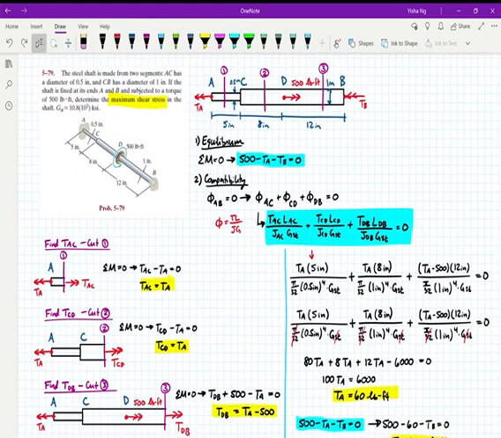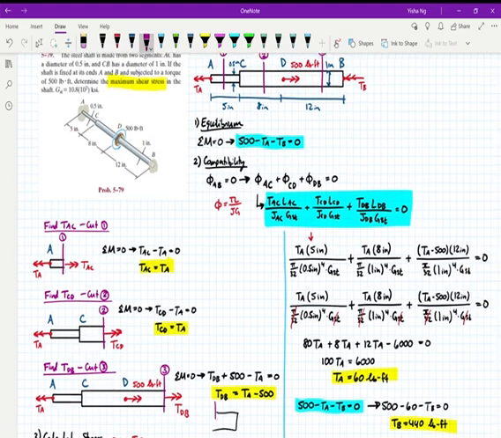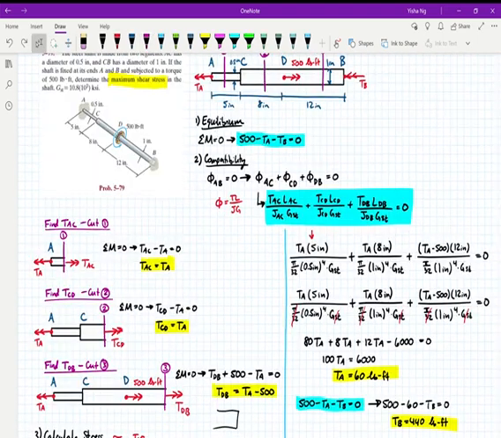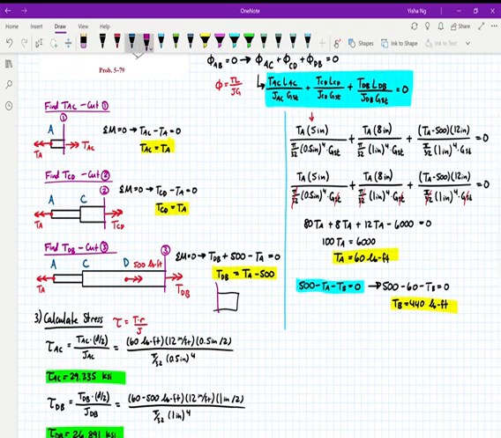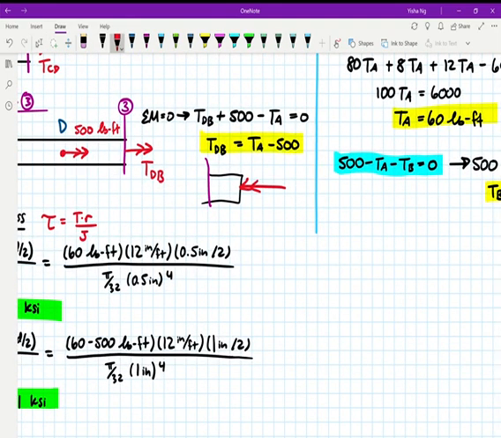Then our cut 3 here gives me TDB is equal to TA minus 500. If you want to throw away the left side of the cut instead of the right side, you can also do that. You would end up with something that looked like this, with a cut here, and you would have your TB, and then you would draw your TDB, and you would just say that TDB is equal to negative TB.